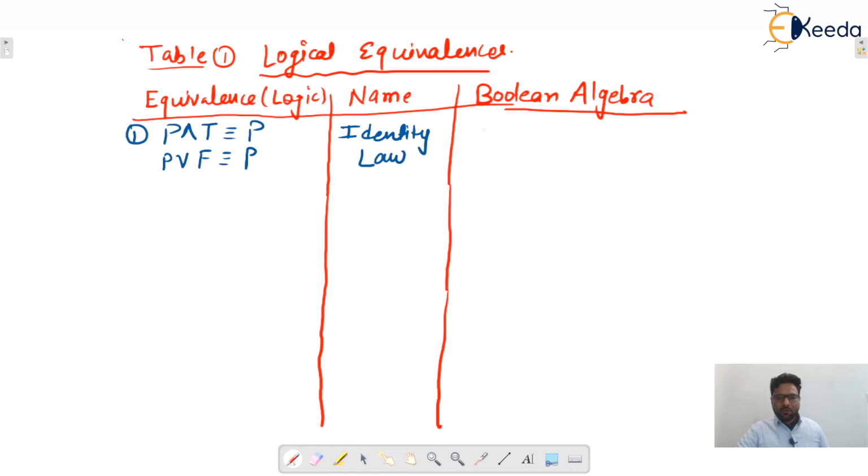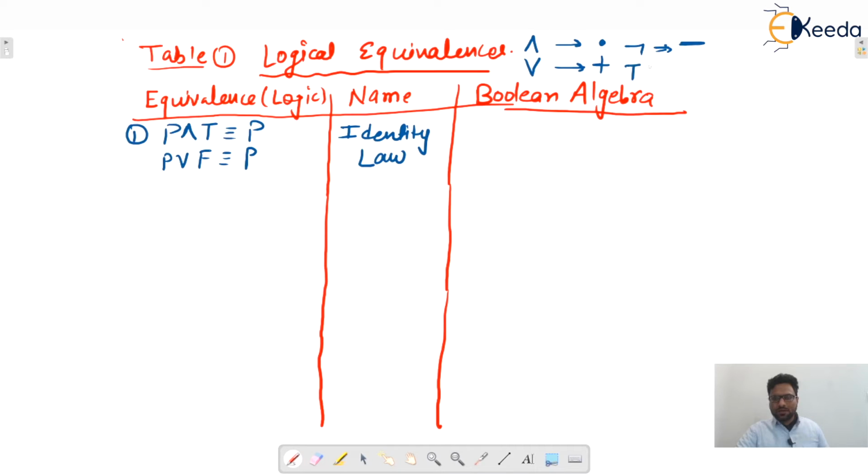So in Boolean algebra, logical and is represented with a dot, logical or is represented with a plus sign, and negation is represented with a complement.